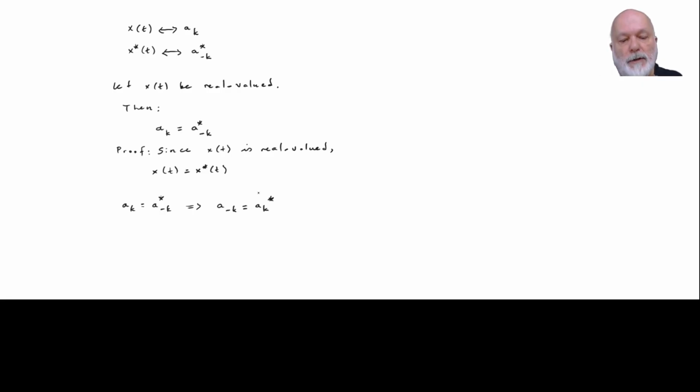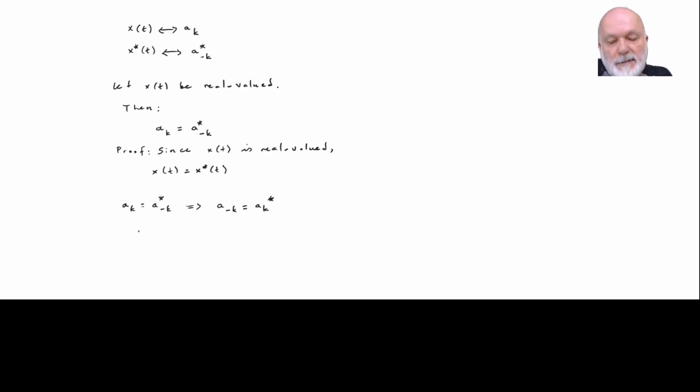So we interpret this result as follows. In the Fourier series representation of real valued signals, whatever you have at a positive frequency, you have a counterpart at the corresponding negative frequency, given by means of this relation.